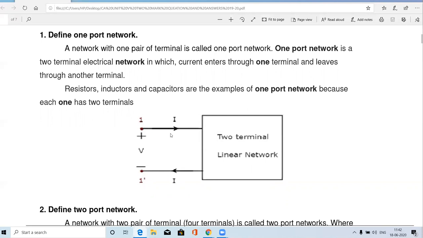Current flows into the element via one terminal and leaves via the other. So simply, a network with one pair of terminals, that is, two terminals, is called a one port network.